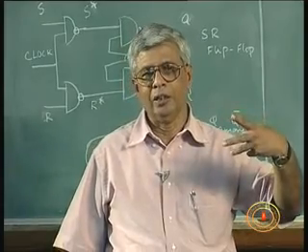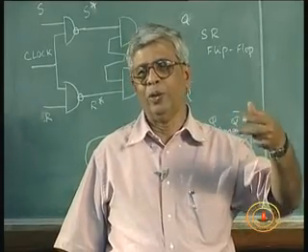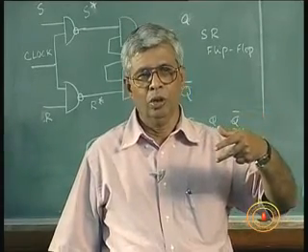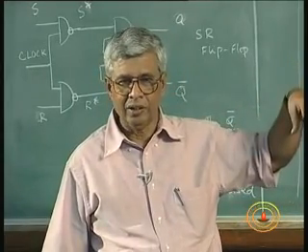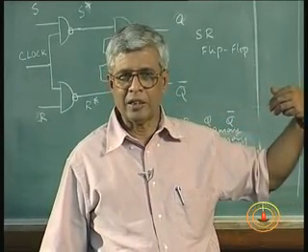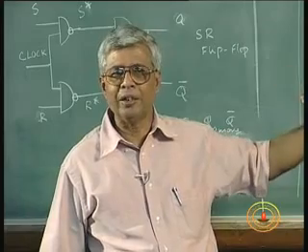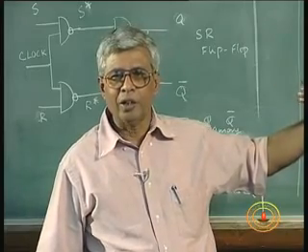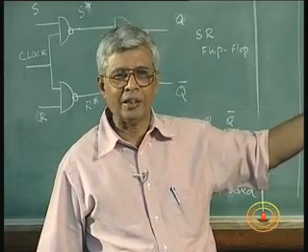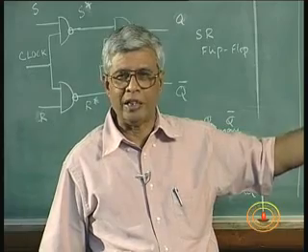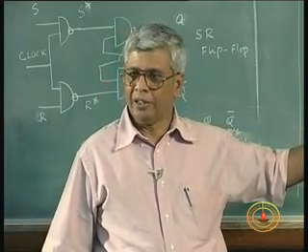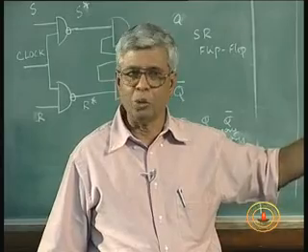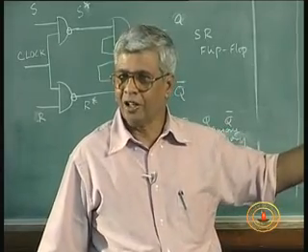Yes, S and R. It is better to do one at a time. It depends on the clocking, the circuitry. But the problem in this case is, since the clock is going to be controlling the whole operation, the clock is going to be the time at which the circuit is going to start working. It doesn't matter when you put S, when you put R, as long as both are before the clock becomes high.